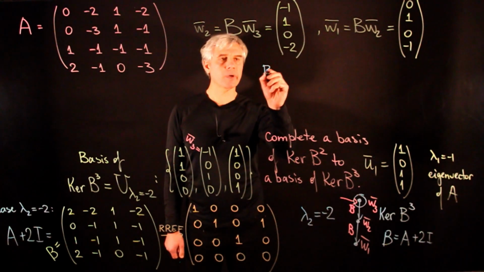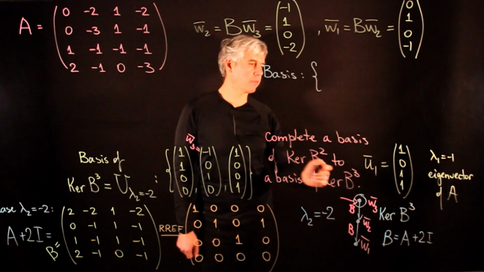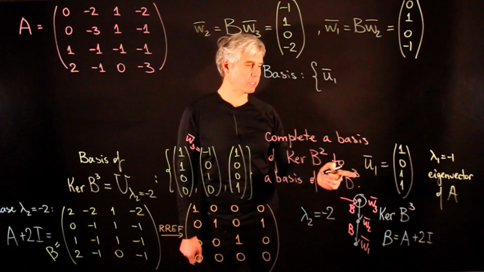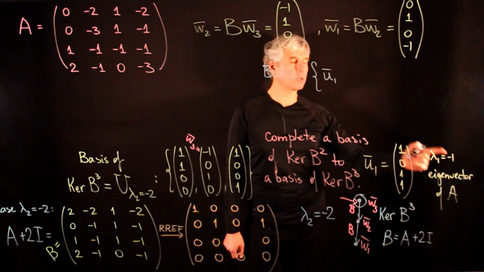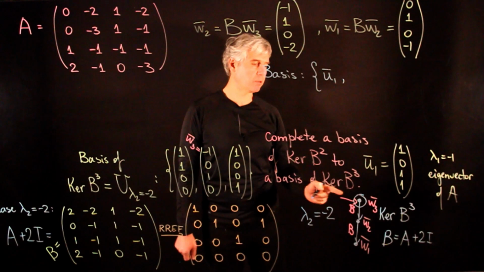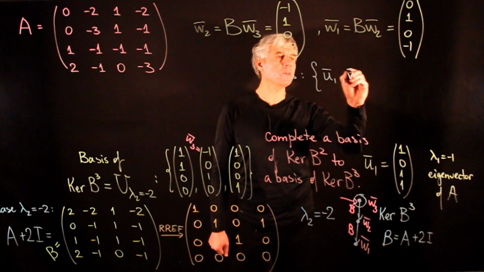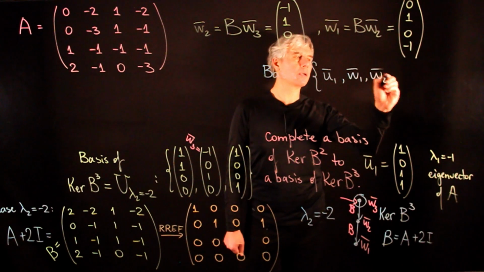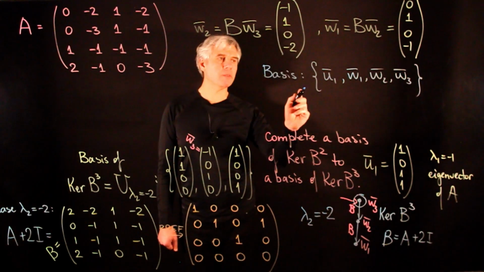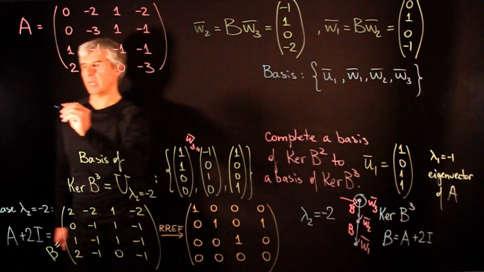The basis that we're going to use is the following. We'll take the vector u1, which is the basis vector for the root space corresponding to lambda equals -1, and then the basis for the root space that corresponds to lambda equals -2. So this will be w1, w2, and w3. By placing the coordinates of these vectors as columns, we'll get the change of basis matrix.